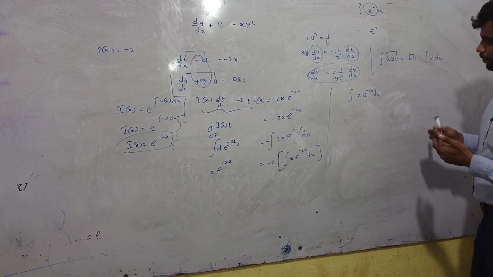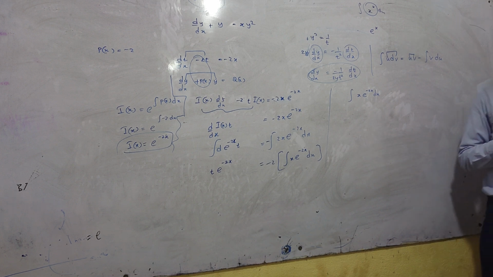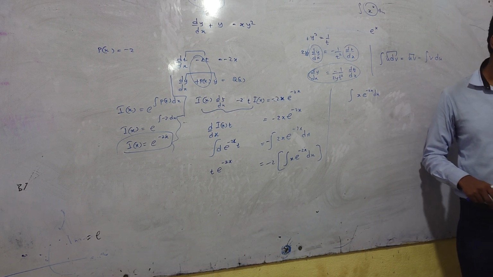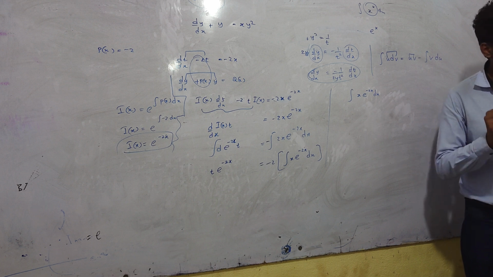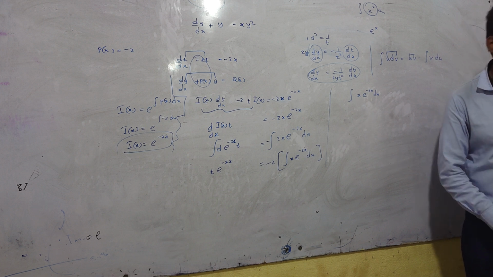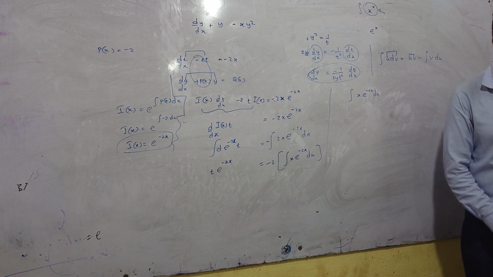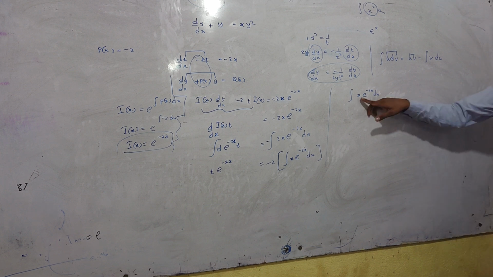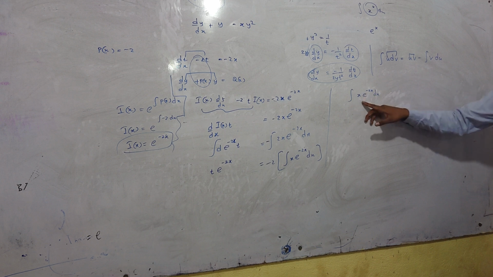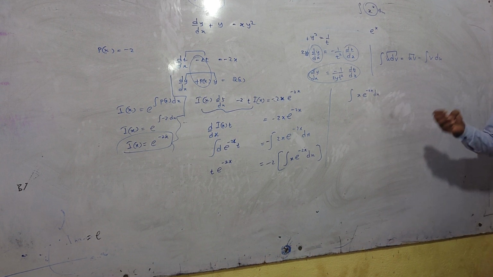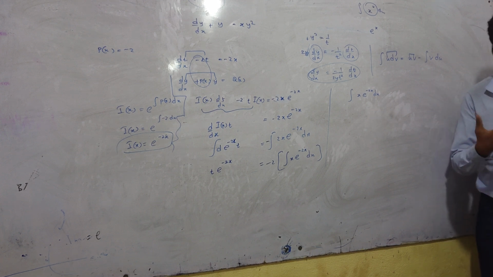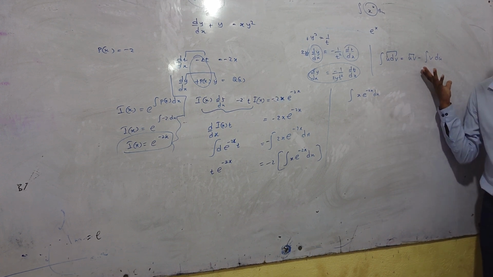This is applied when the function cannot be integrated at once, and the major thing is if these are two different functions. Maybe here this is an algebraic one and this is an exponential function. In such cases it's quite complicated, so we can do that using integration by parts.